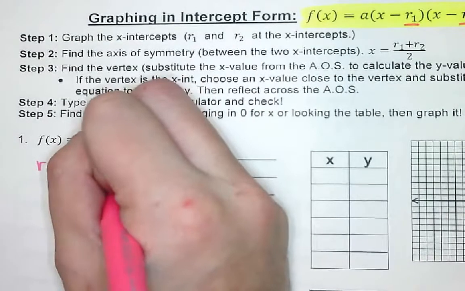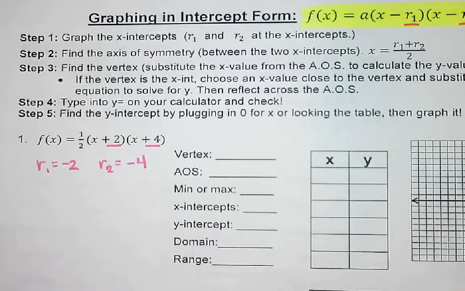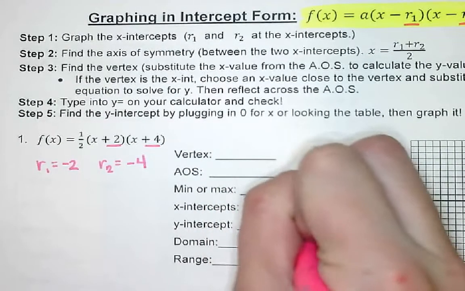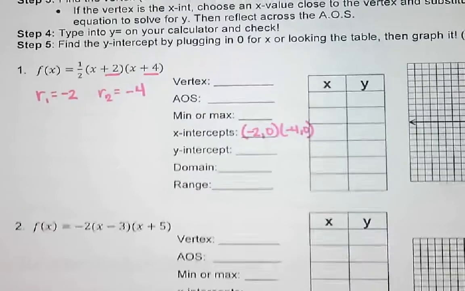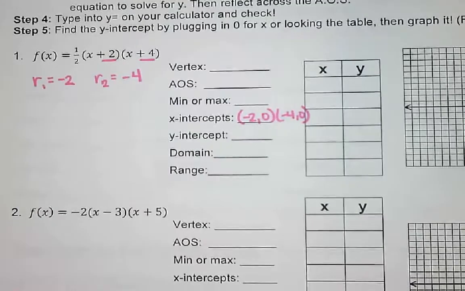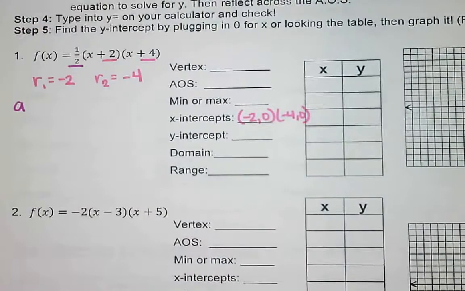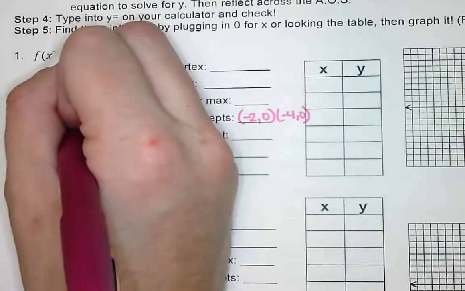So guys, my two X-intercepts are negative 2 and negative 4. Intercept form is really nice because you're able to identify the intercepts. Now, we're not going to get too heavy into this today. But what is my A value for this one right here? 1/2. So because it's a positive, it's going to open up.